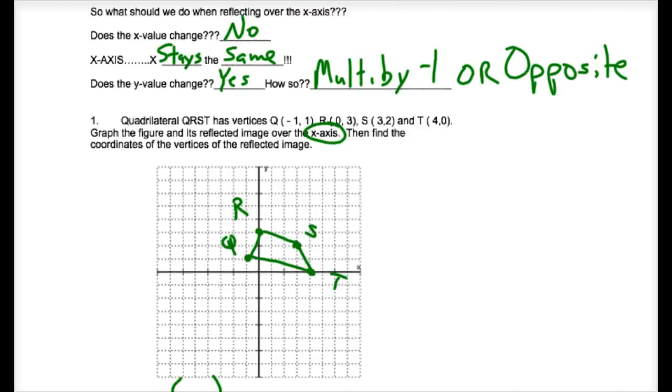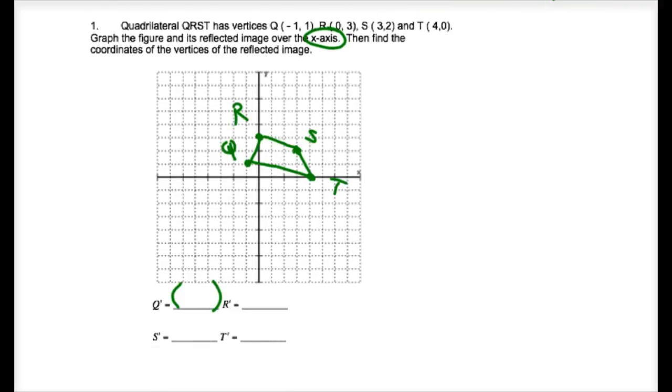The X values stay the same, and the Y values you multiply by -1. So, to get Q prime, who can keep the X value the same, but multiply the Y value by -1? And tell me, what's Q prime? This is so easy. Jack Muir. -1, comma -1.